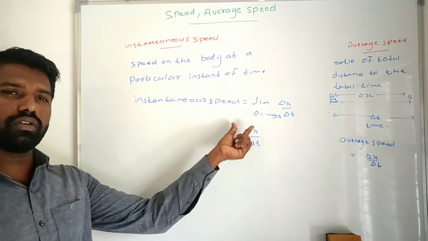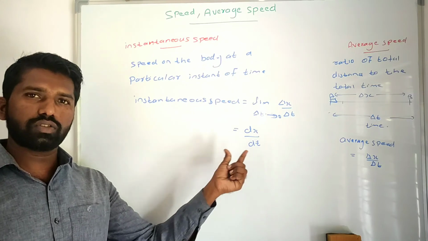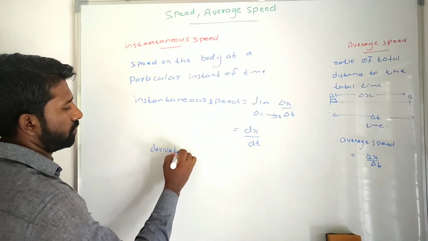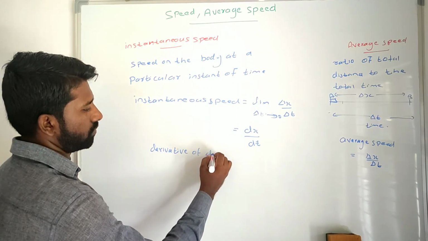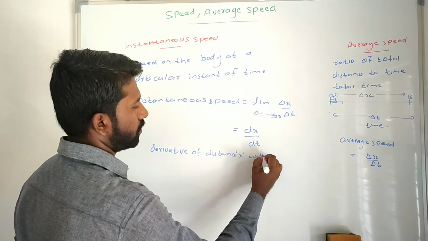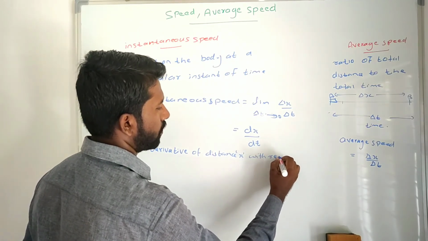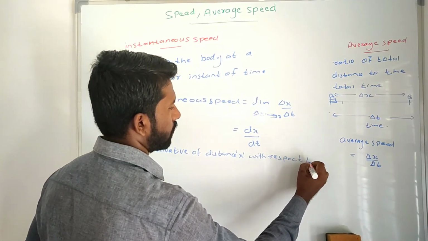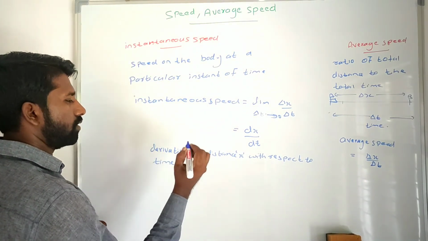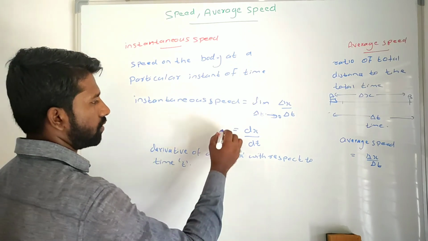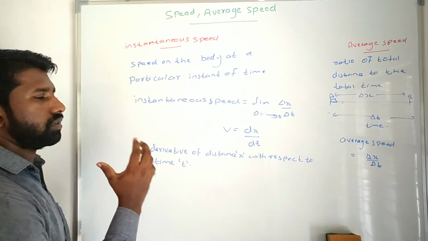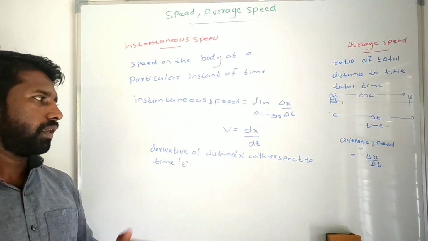That is a derivative of distance x with respect to time t. This way we can say that this is the instantaneous speed at a particular instant.